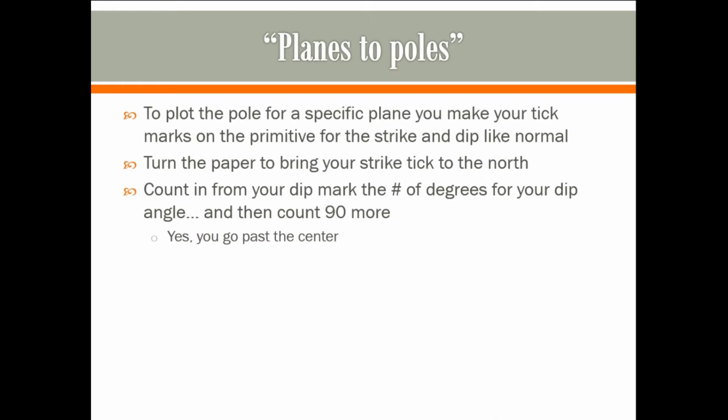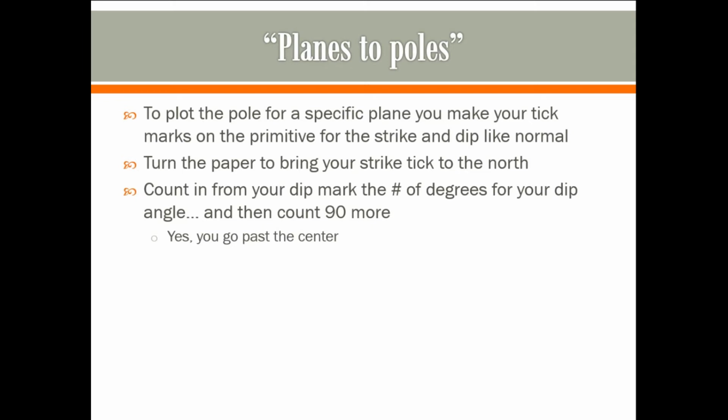So since it's perpendicular to the plane, all you have to do is when you have it set up so that your curve would be going from the north to south pole as you draw it, when you count in, say your dip was 30 degrees, you count in from the edge 30 degrees, count an additional 90 degrees straight across the equatorial line, and put your dot.